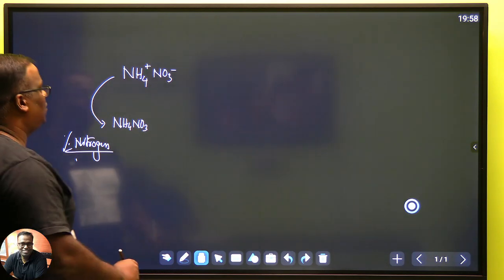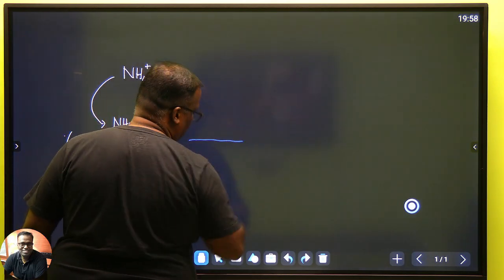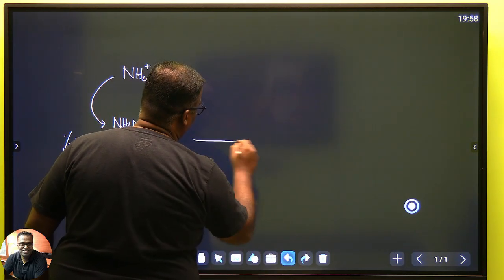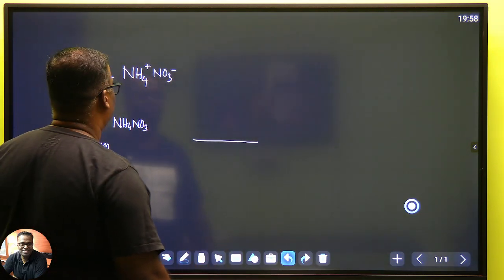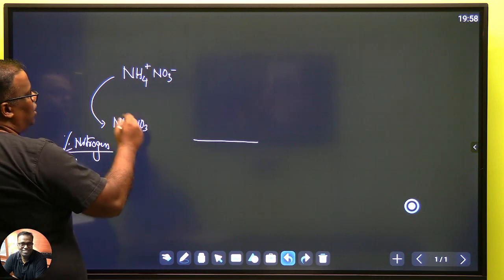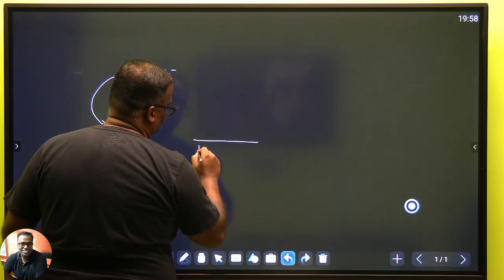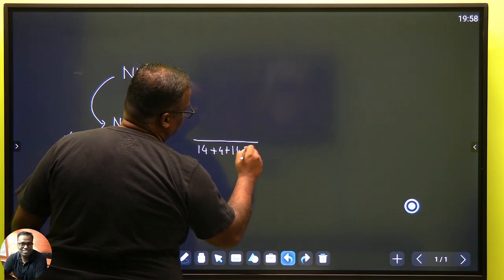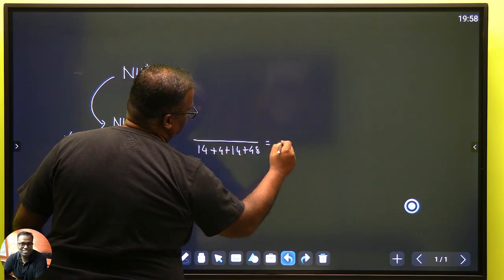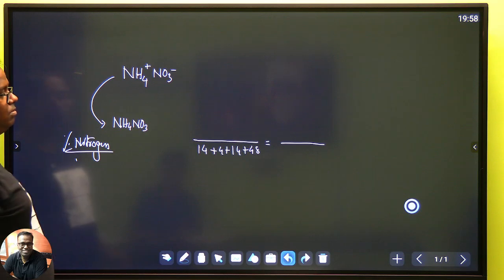So let's first calculate ammonium nitrate bag कितना heavy है. पहले तो वो चाहिए. How heavy is the ammonium nitrate bag? Nitrogen is how much beta? 14. 14, 14, 28. So 14 plus 4 plus 14 plus 48. कितना हुआ? भाई साहब? 80.